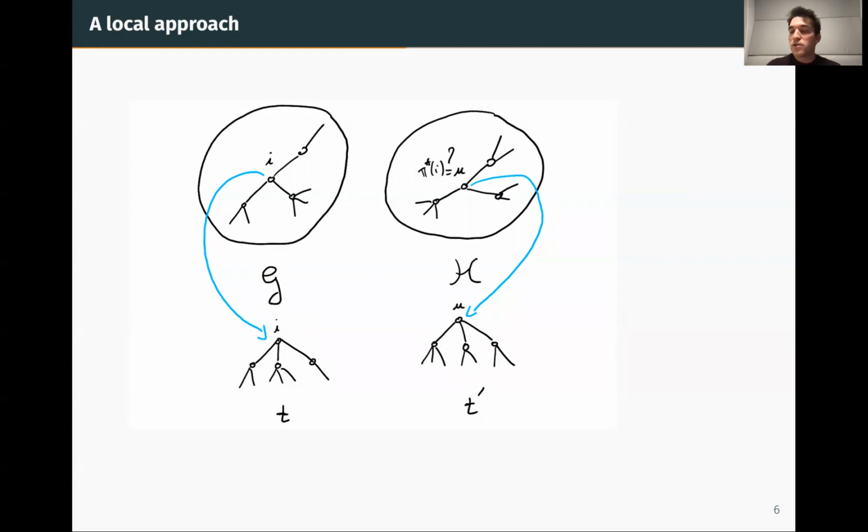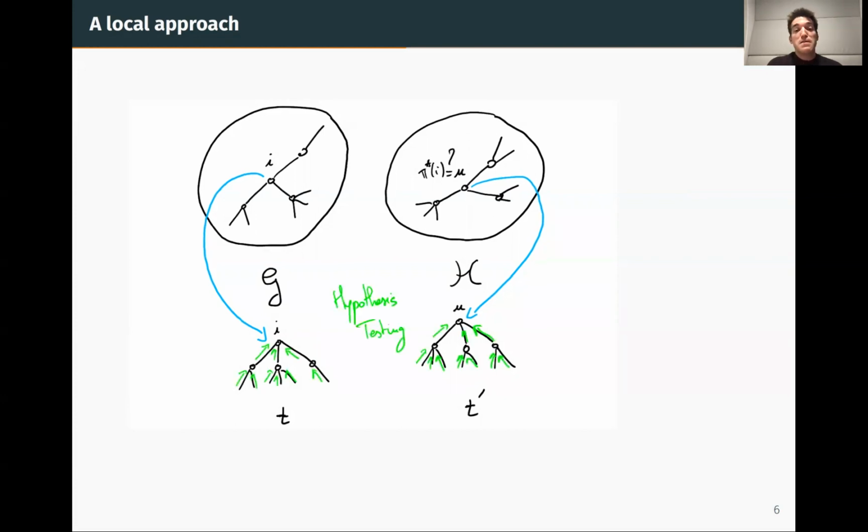We know that this model is locally tree-like. So what we are looking at are two trees. And then the problem on graphs marginally becomes a problem on trees. Okay, and what we want to test actually is whether the two trees are somehow correlated or not. Okay, so this is a hypothesis testing problem on trees.